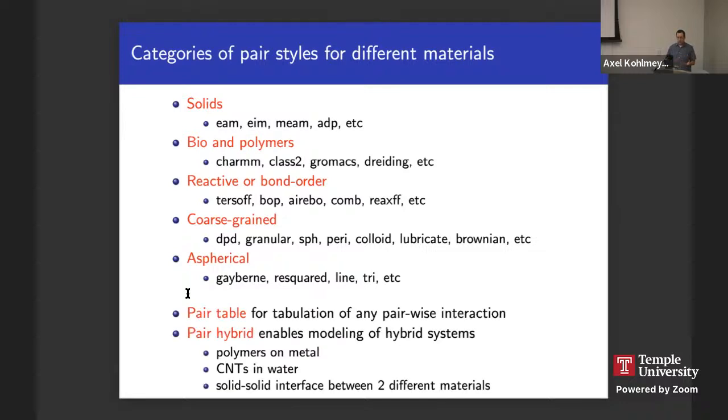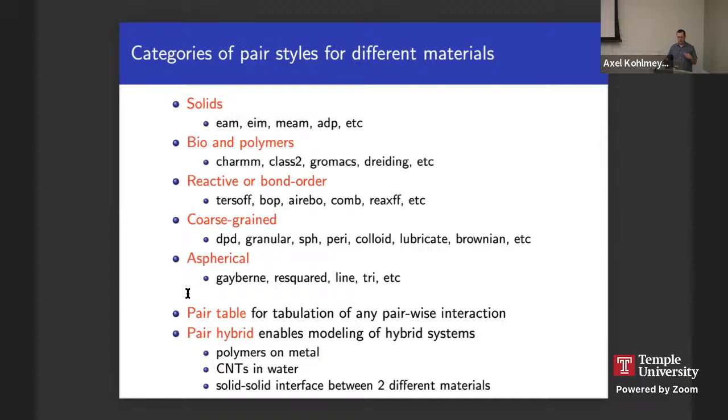You can also tabulate any pairwise interaction. So if you have some potential, but it doesn't fit the functional form, but it's pairwise, you can just put it into a table. There's also pair hybrid, which allows you to have multiple pair styles. So this could, for example, allow you to model a polymer on a metal.